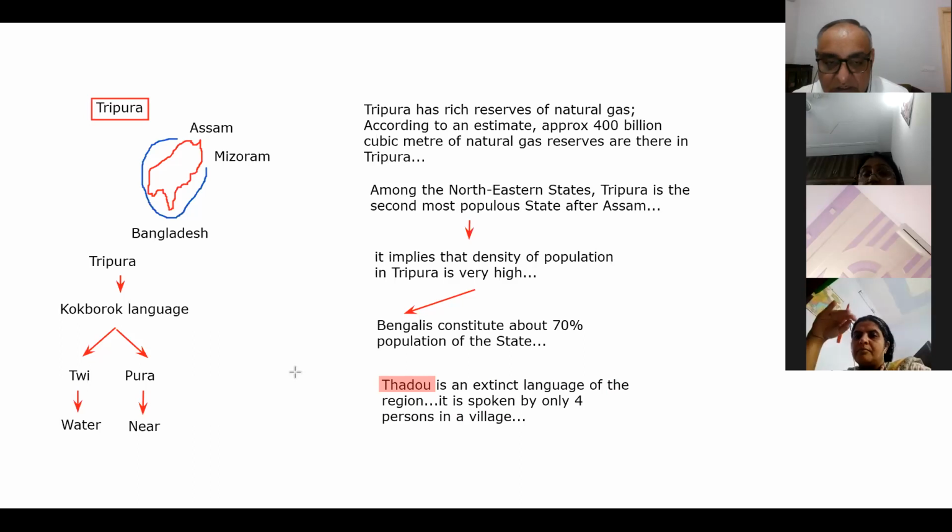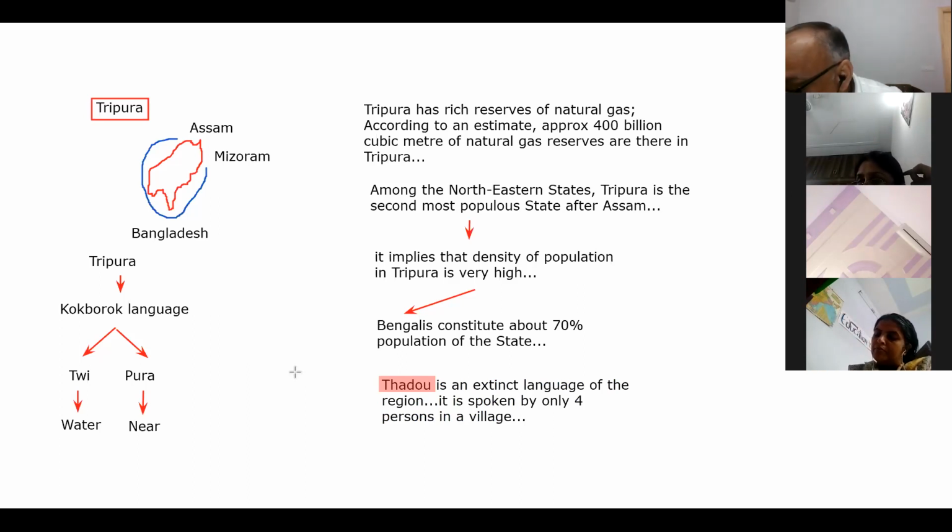So as far as the ethnicity is concerned, in Tripura there are approximately 19 ethnic groups which are termed as scheduled tribes. So more than 50% of the population of Tripura is a scheduled tribe population, right?